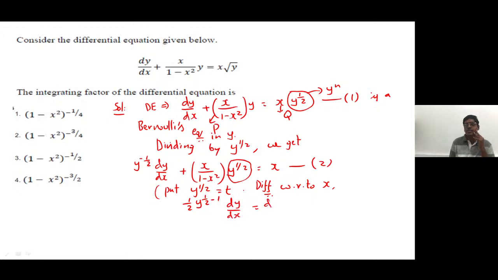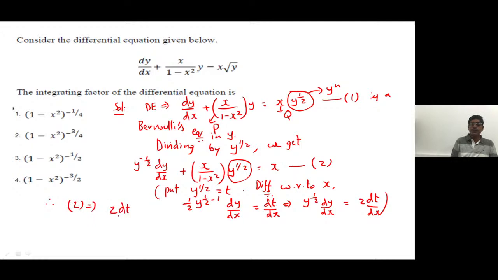And on the right side, t is not a constant, it is a new variable, dt by dx, related with y. So this simplifies to y power minus half dy by dx is equal to 2 times dt by dx. So this is the reasoning. Now therefore, equation 2 implies 2 times dt by dx plus x upon 1 minus x square into t is equal to x.